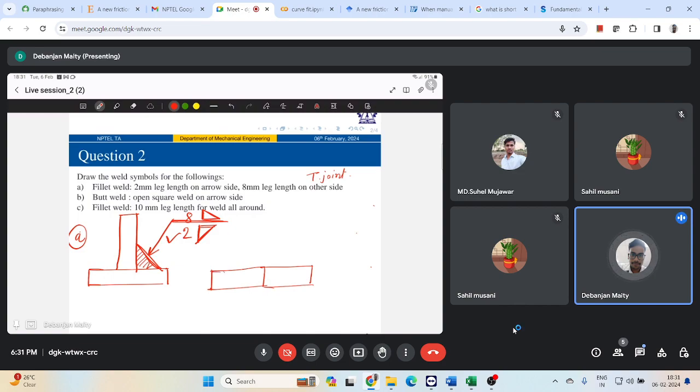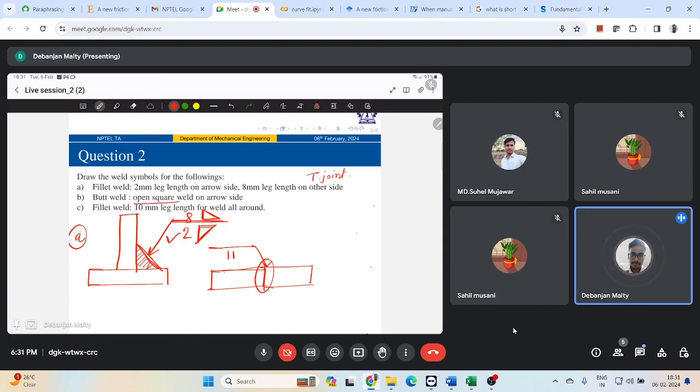And for open square weld, if this is the location, which one will be the arrow side, this will be a simple two parallel lines for an open square weld.